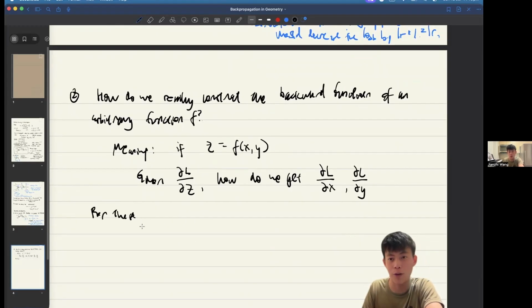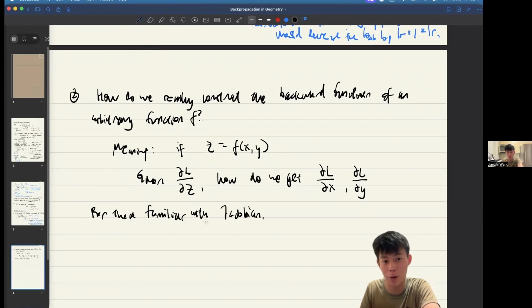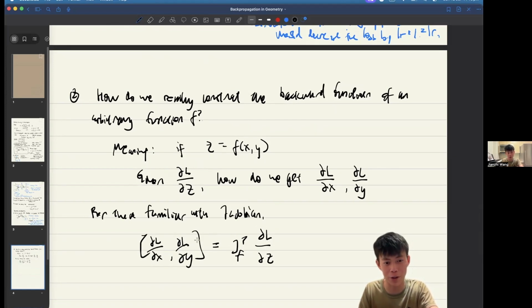For those of you who are familiar with Jacobians, you'll probably see this formula: to backpropagate, we just need to take the transpose of the Jacobian of f at the particular inputs x and y, and apply the transpose of the Jacobian to the sensitivity. This will give us partial L partial x and partial L partial y, depending on how you bundle your tensors together.